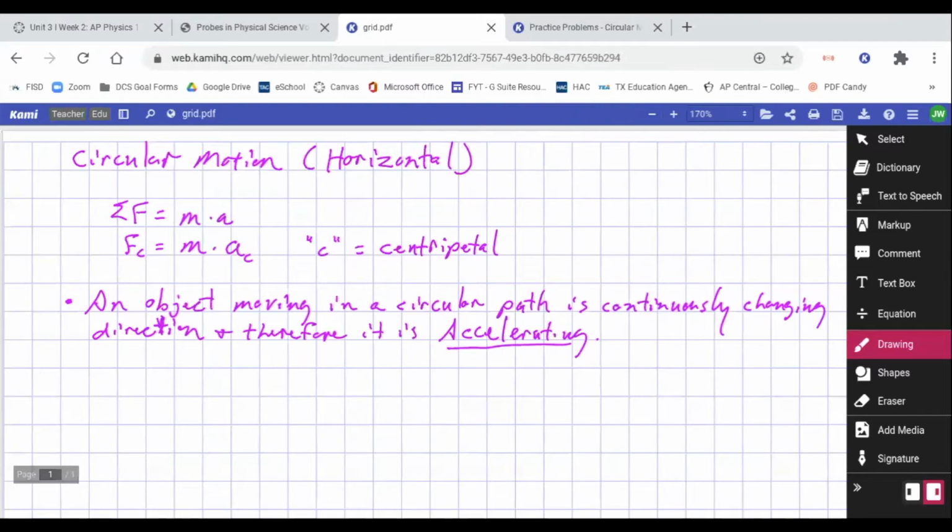You're going from north and you're turning, and now you're going east, still 20 miles an hour. But since the direction changed, that means the velocity changed, because velocity is both magnitude and direction. Any change in velocity is an acceleration, because the definition of acceleration is a change in velocity. So we know that any object going in a circular path is accelerating because the direction is changing.